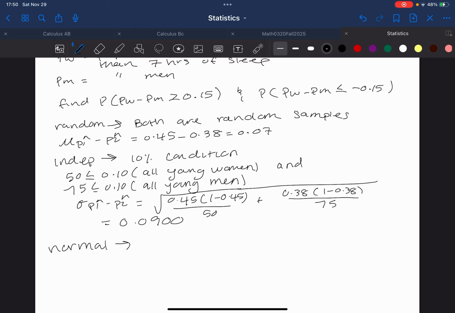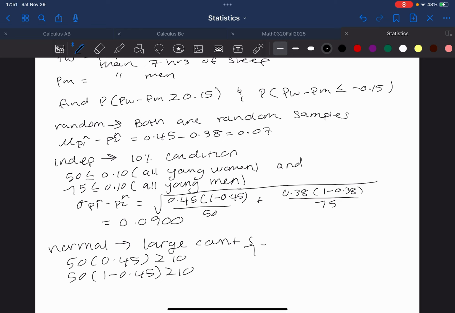And we do that by using the large counts condition. So we have to say that 50 times 0.45 is greater than or equal to 10, and 50 times 1 minus 0.45 is greater than or equal to 10. And 75 times 0.38 is greater than or equal to 10, and 75 times 1 minus 0.38 is greater than or equal to 10.